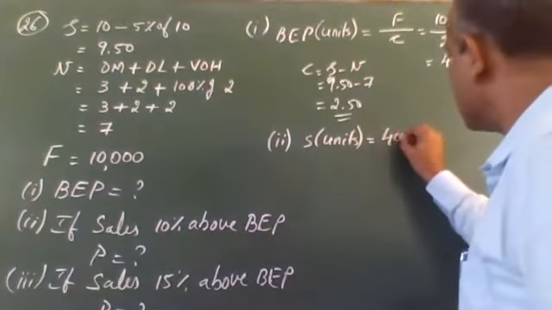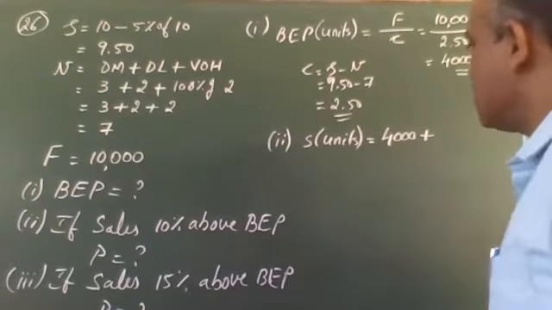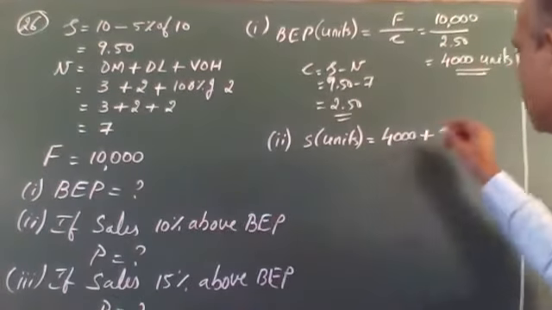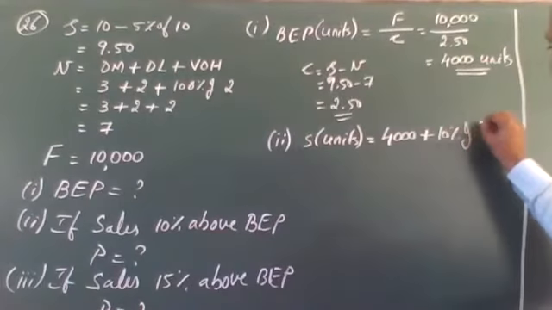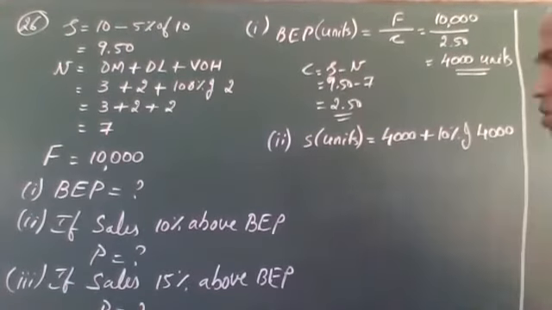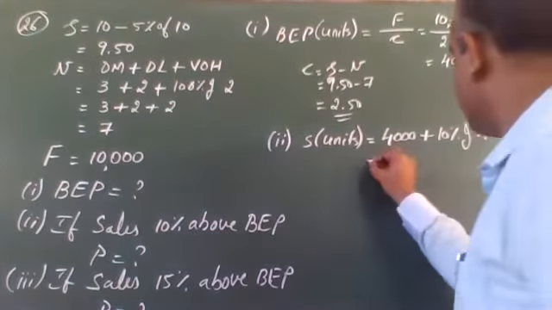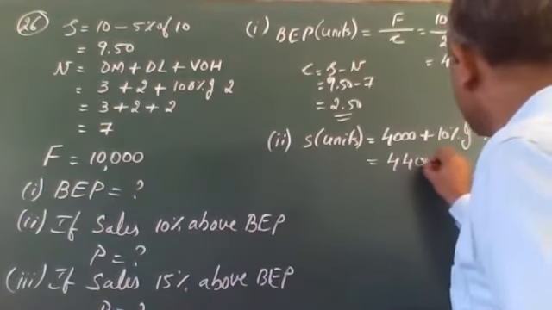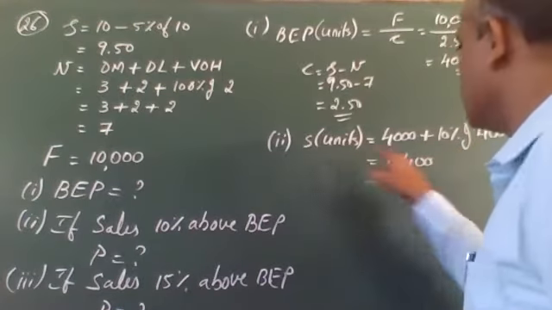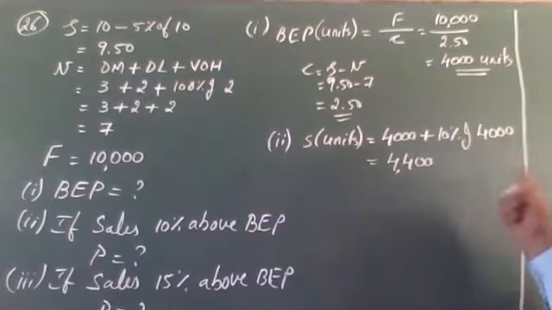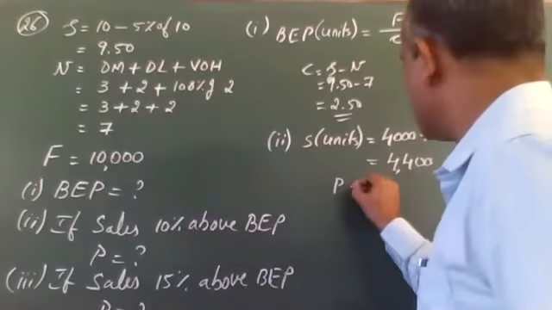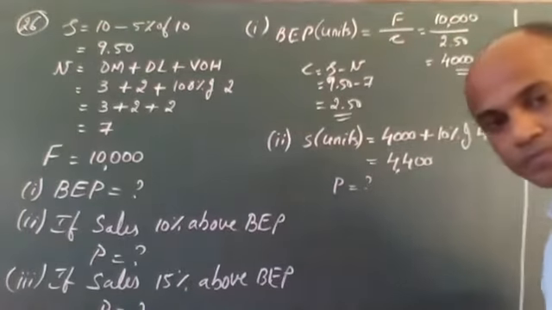So it is 4,000 plus 10% of 4,000, which is 400. So 4,400 is the units.